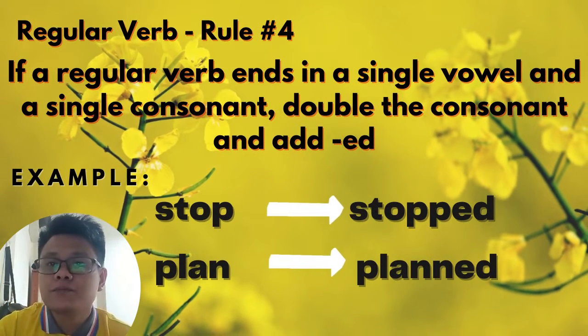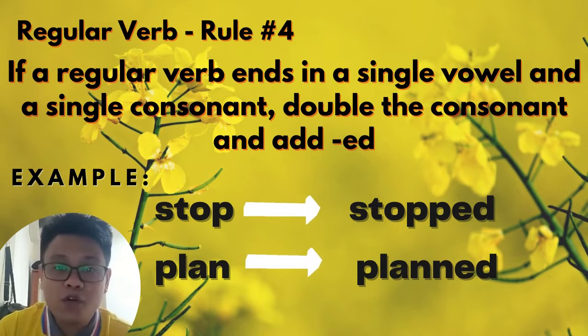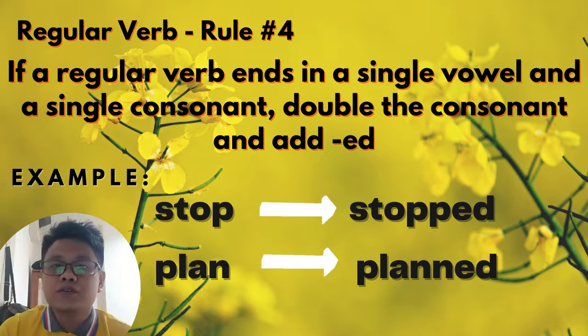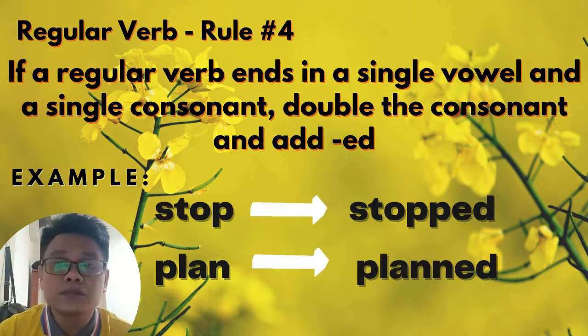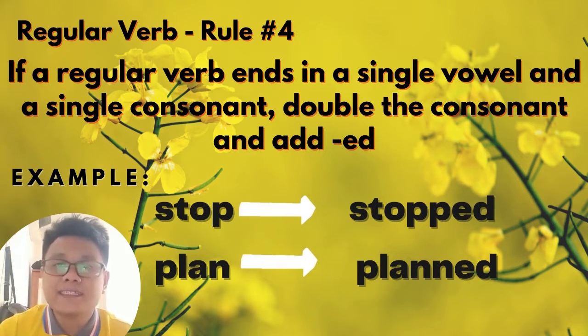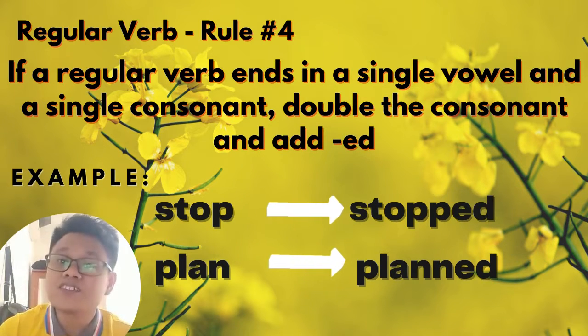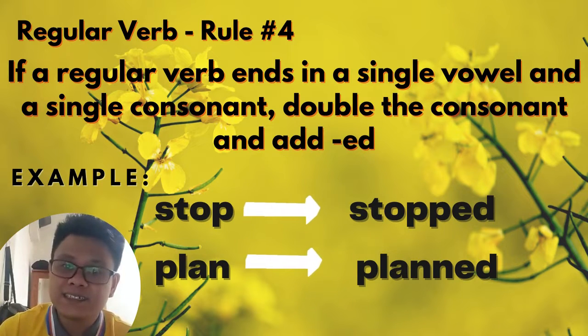So let's proceed to rule number 4 of the regular verb. If a regular verb ends in a single vowel and a single consonant, double the consonant and add ed. What does it mean?